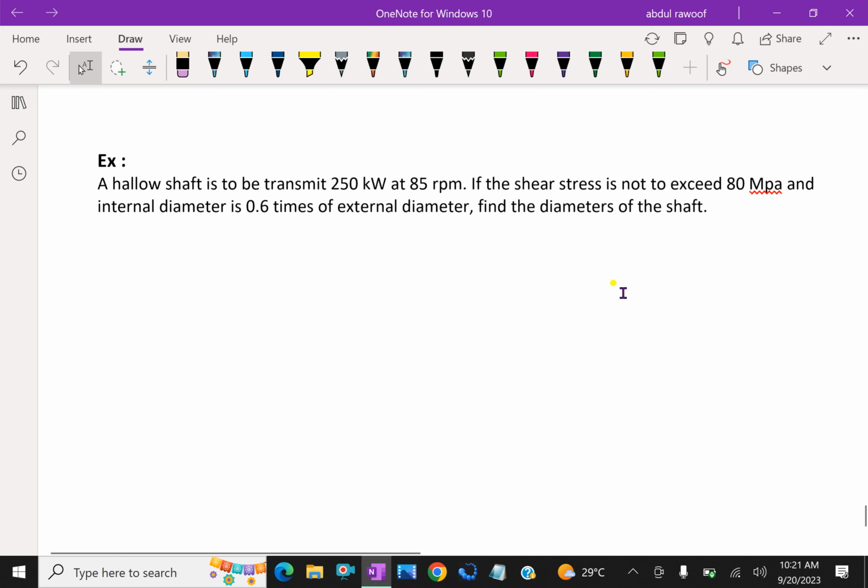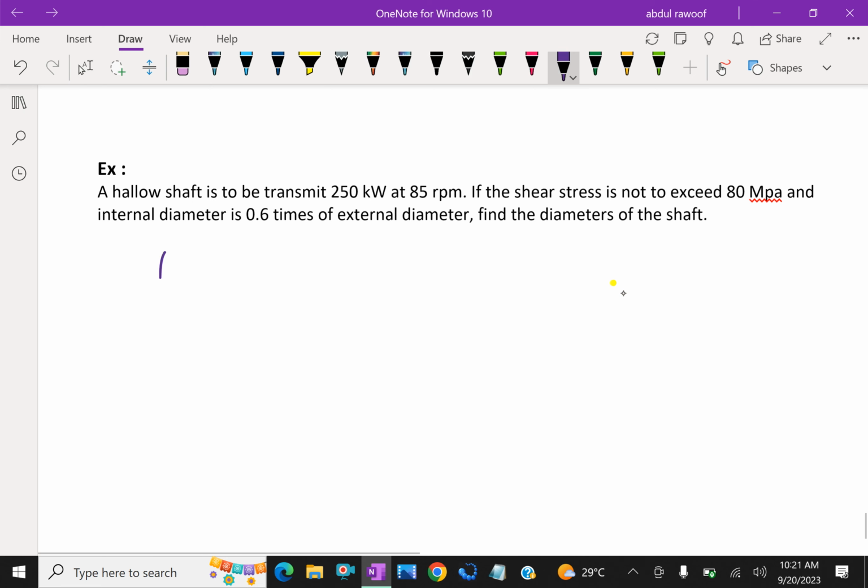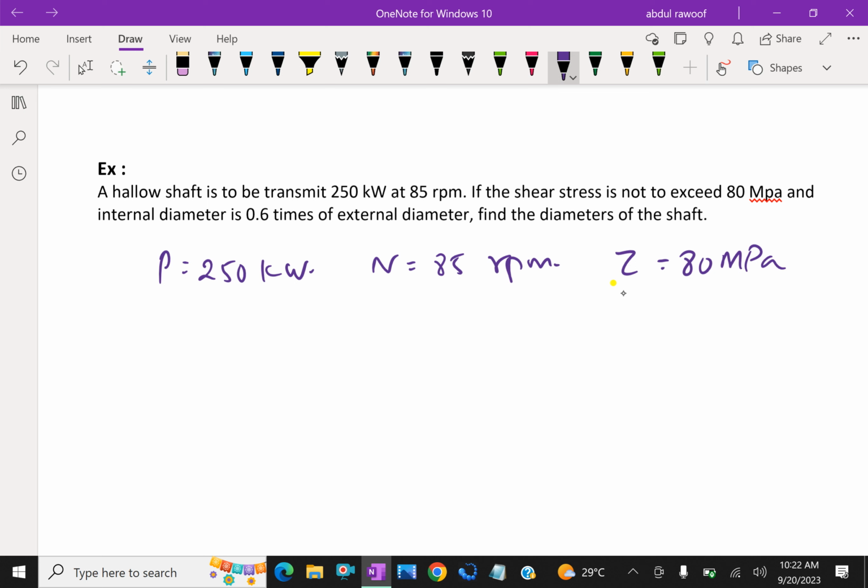Here, the hollow shaft, the power equals 250 kilowatt and 85 rpm. Shear stress equals 80 MPa.